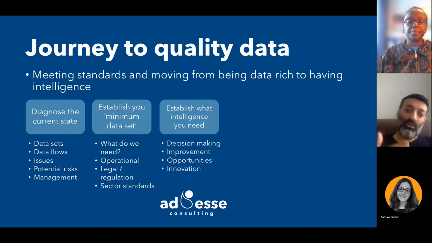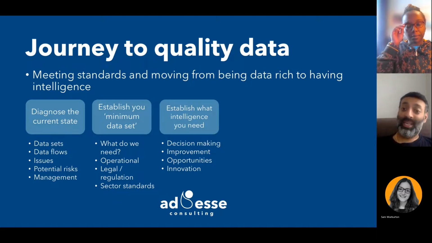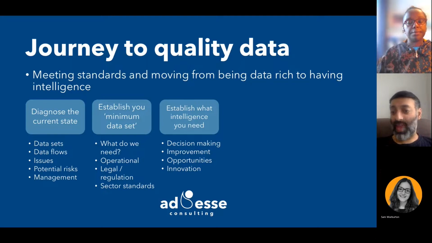Then we can work back from that and say, if this is the intelligence we need, what sort of data does that mean that we need to collect or create through analysis? So there's two things here. You've got your minimum data set and your desired data set, and the last two boxes. Once we have that all together, we've in essence established what we need in terms of data.